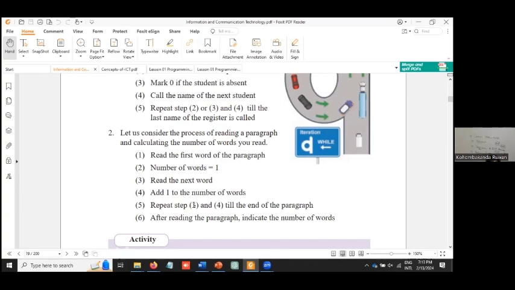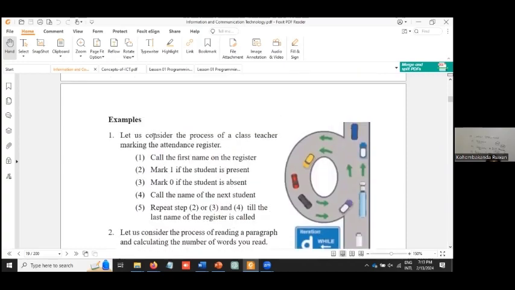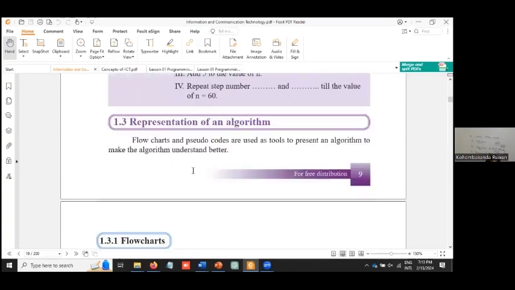Repeat these steps till the end of the paragraph. Finally, after reading the paragraph, indicate the number of words. You can count the total number of words in a particular paragraph. This is also an example for repetition.